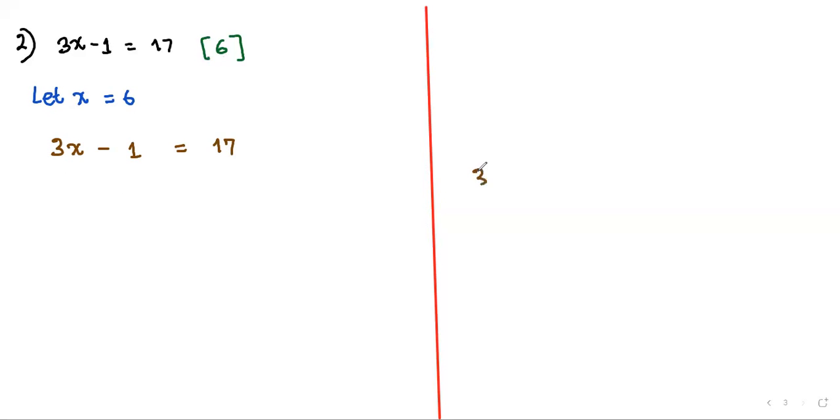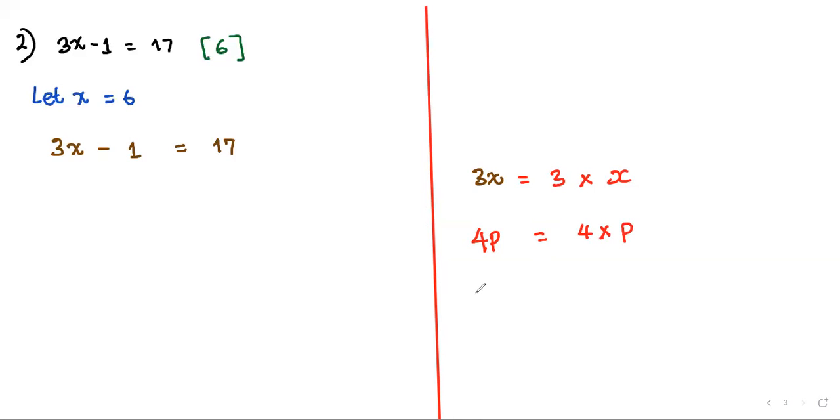When I have 3x, student, I want you to know that 3x means 3 times x. Is that okay? If I have 4p, it means 4 times p.